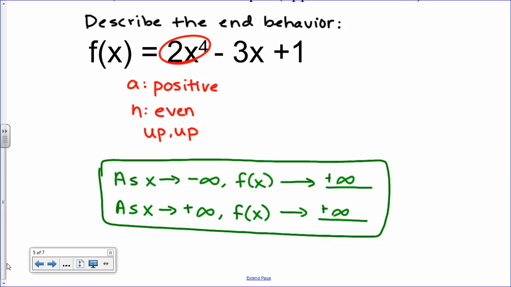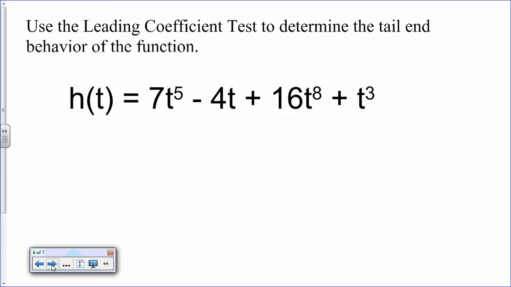All right, let's do another example like this. What we need to notice first is this is not in standard form. So I need to rearrange it. What should my dominant term be? What's the leading term? Good. You want your exponents to always go from greatest to least.